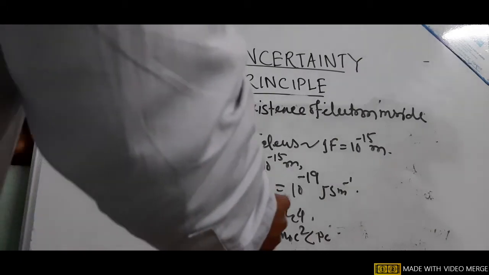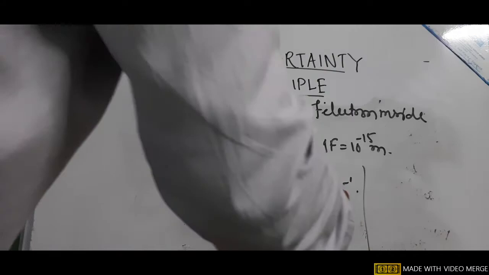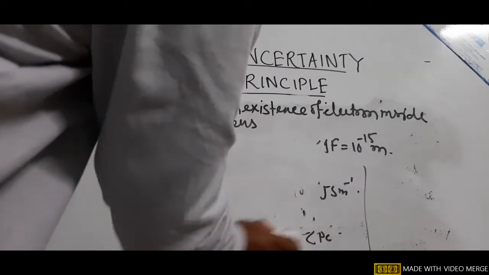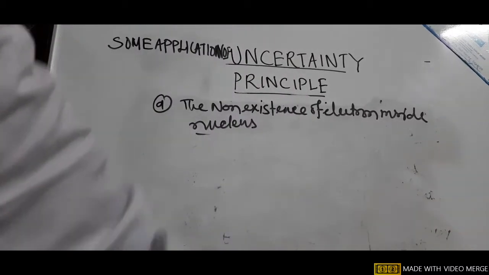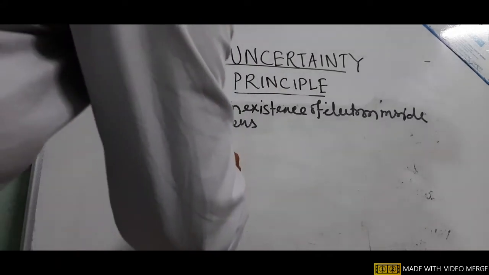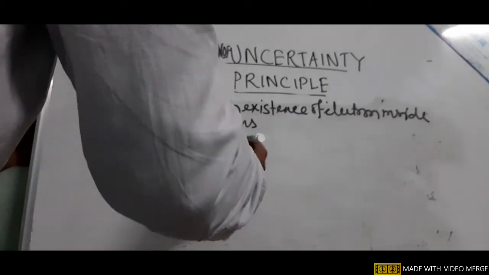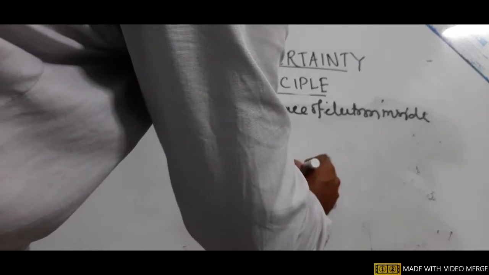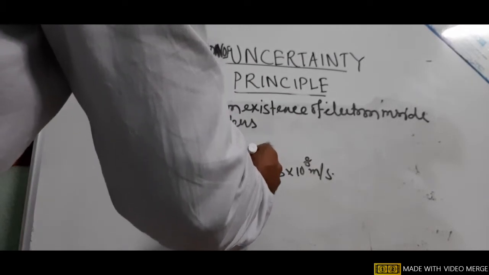So if the electron is present inside the nucleus, means within a distance of 10 to the power minus 15 meter, then E equal to P into C. So P that we have got is 10 to the power minus 19, and C equals 3 into 10 to the power 8 meter per second.